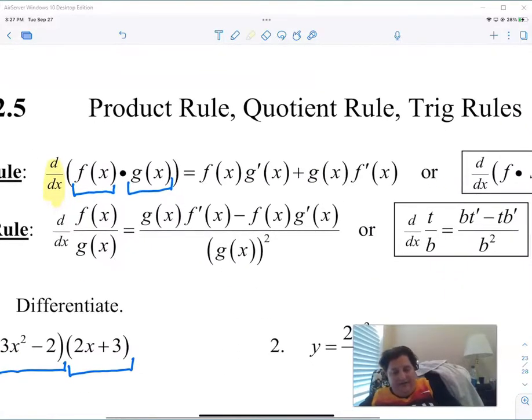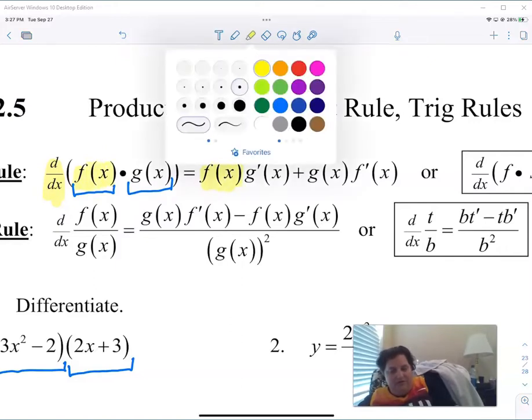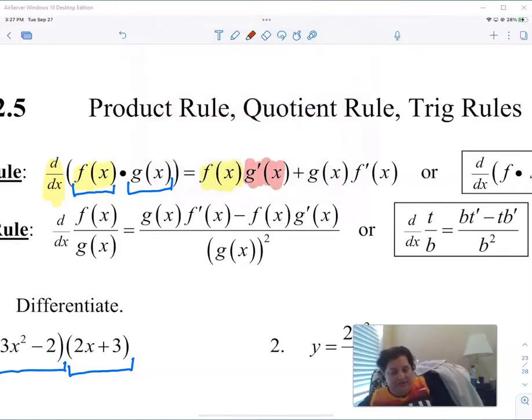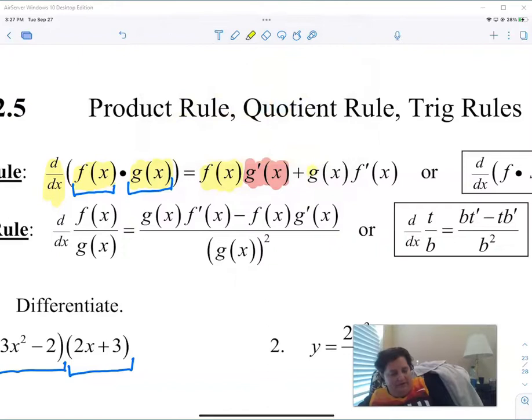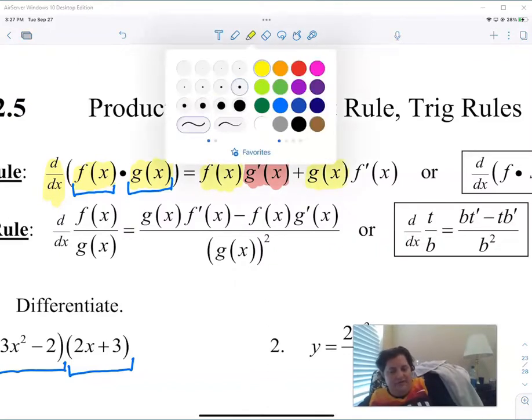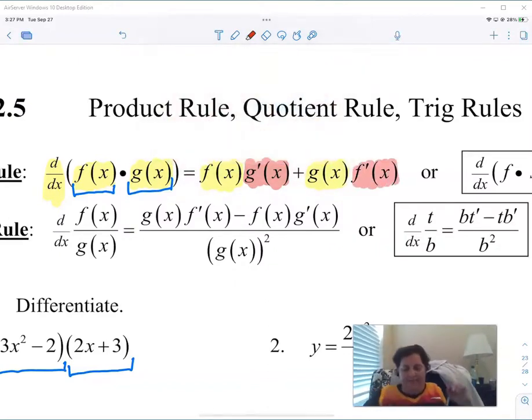Okay, look at the pattern here. It says take f, so this is f, right? Take f and multiply it by the derivative of g. And then take g and multiply that right here by the derivative of f.